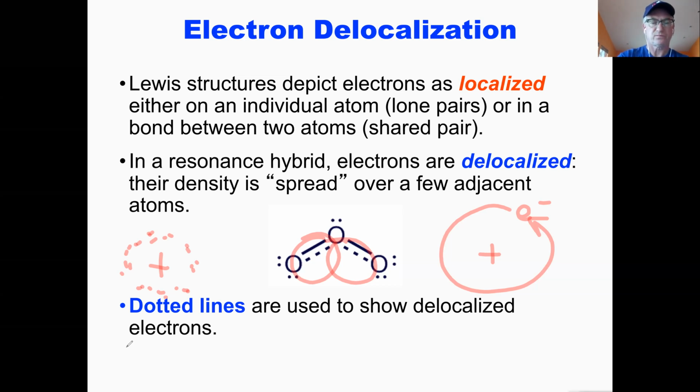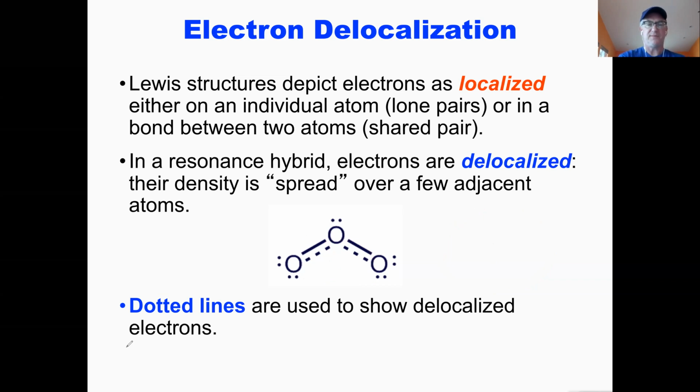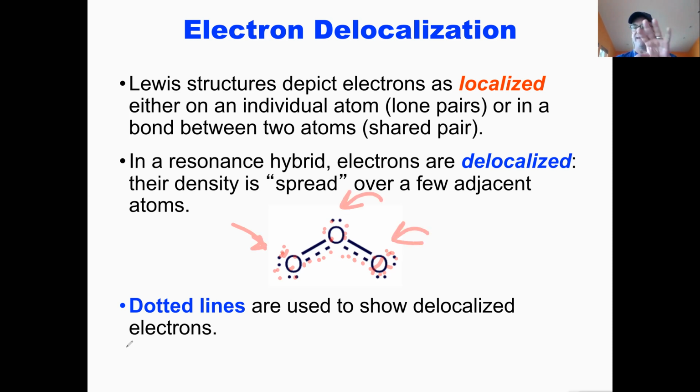What's happening is that we have a distribution of electrons here, here, and here. We also have slightly less distribution here and here. So if you looked at where the electrons in this molecule are, there'd be a lot here, more here, and more here, and then a little bit less of a distribution in between. And so we would have these delocalized electrons.